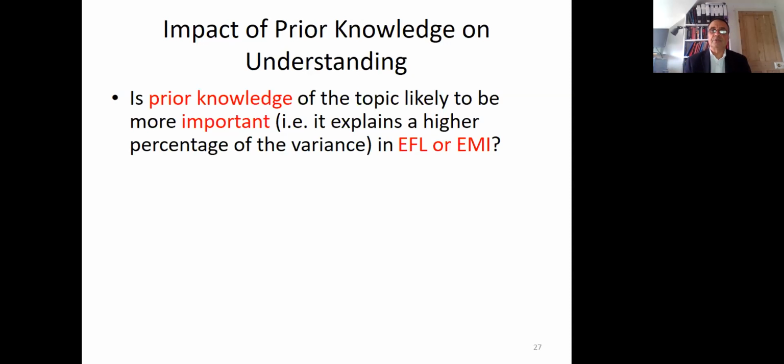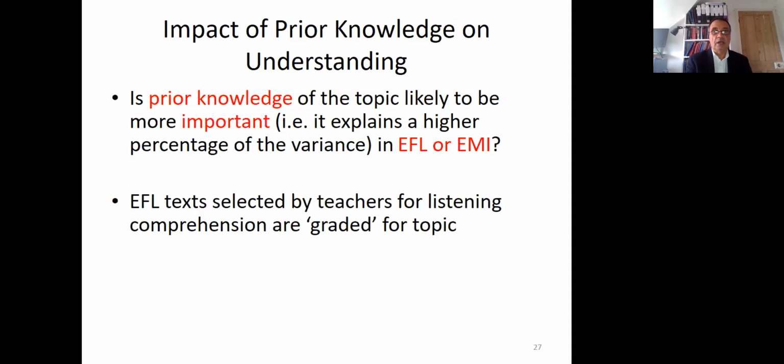Is prior knowledge of the topic likely to be more important in an EFL or an EMI context? Well, let's think about the different ways that topics are selected. In an EFL context, texts are selected by the teacher for listening, for example, listening comprehension, because I'm making a comparison with lectures and teacher talk. They tend to be graded for the topic.